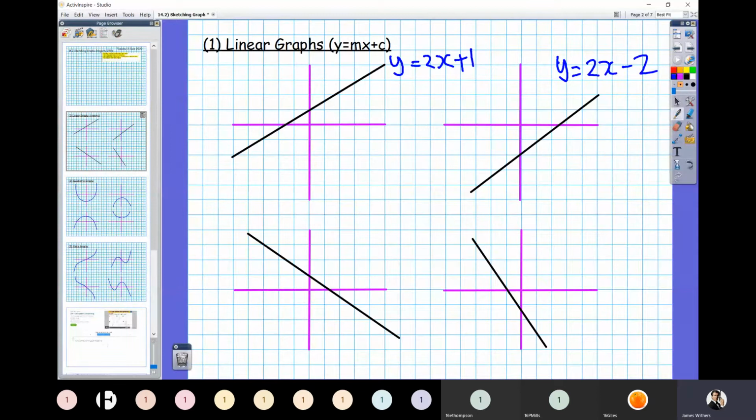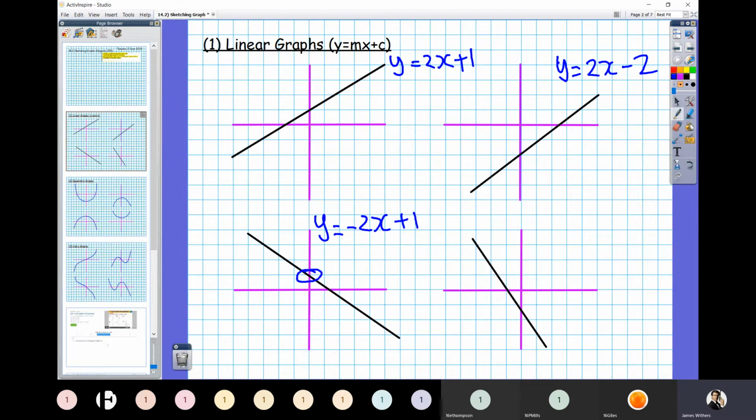Now the two at the bottom are both going downwards, so they have negative m values. The first one might be y equals minus 2x plus 1: negative gradient because it's going downhill, but plus 1 because it crosses the y-axis at a positive value.